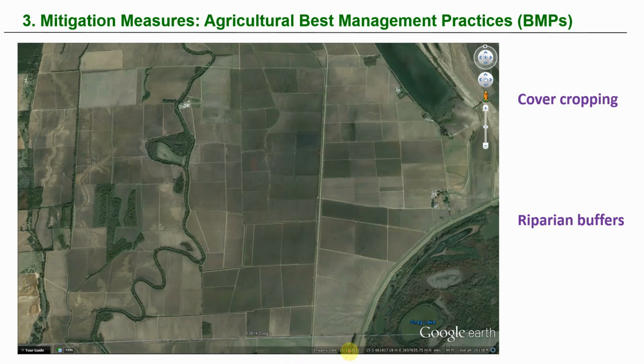So on this picture here, which is taken from Google Earth, this is a large agricultural area. These are all basically the arable crop fields, and we can see they're very obviously arable crop fields. This is a river that runs through the landscape, and you can see all around this river, this dark green is forest, riparian vegetation that is allowed to grow adjacent to the river.